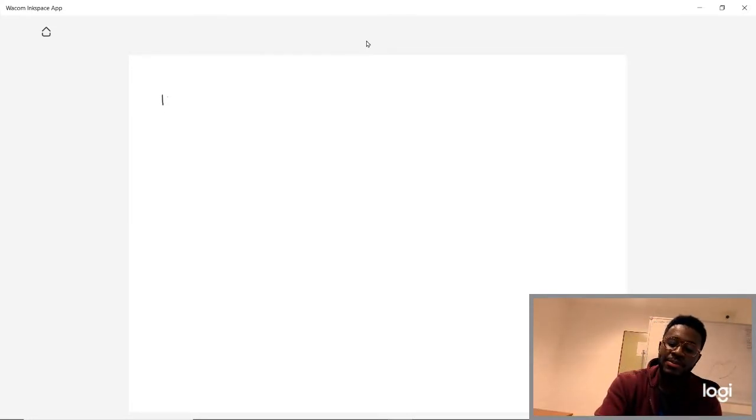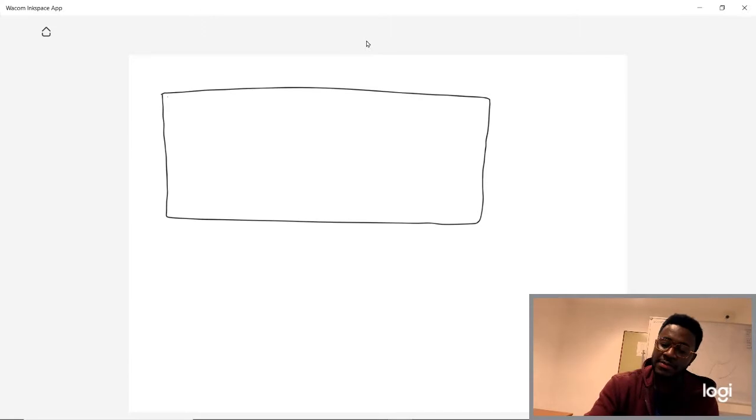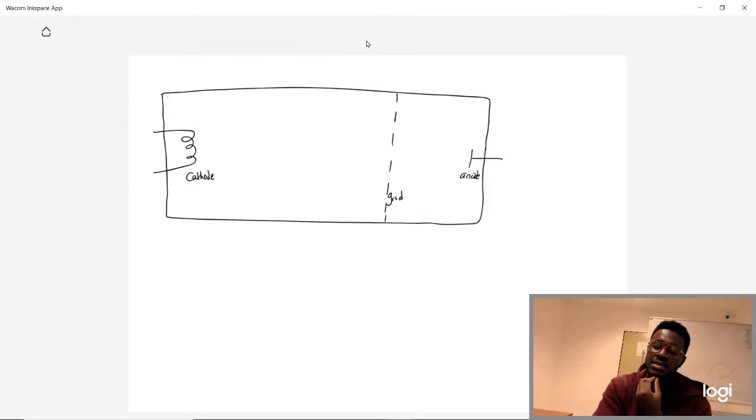So what happens at 35 volts? So you have your cathode, you have your grid, you have your anode. What's the sign for your cathode? Negative. What about your grid? Positive.